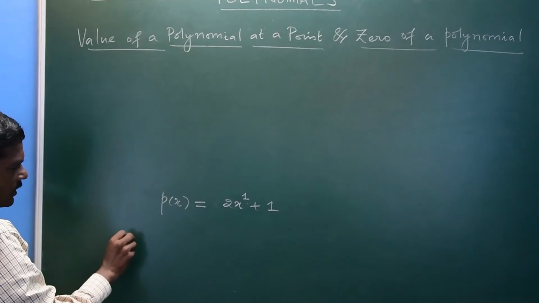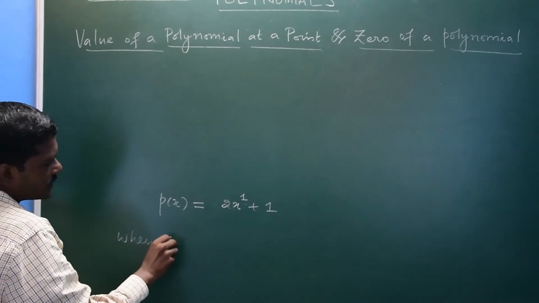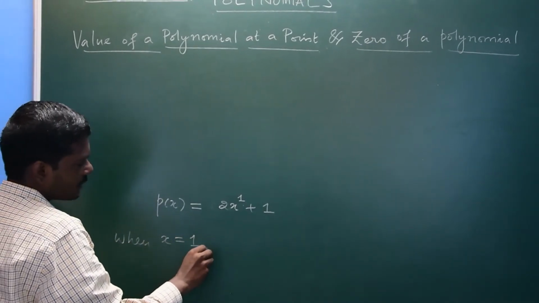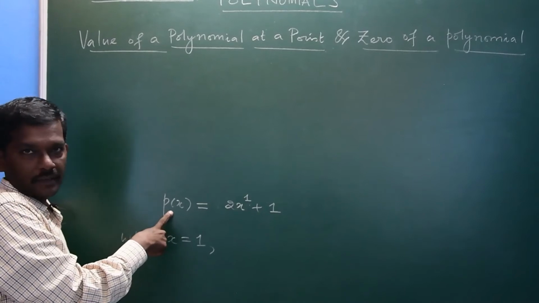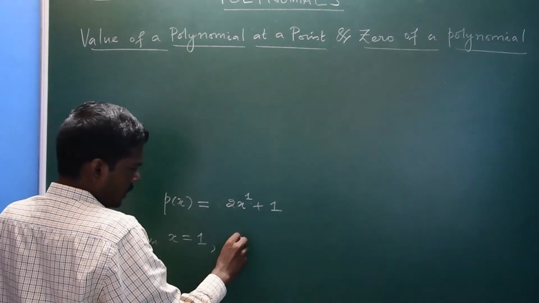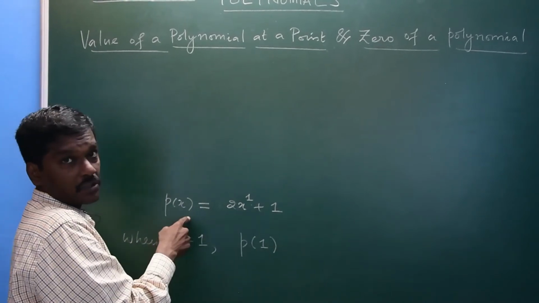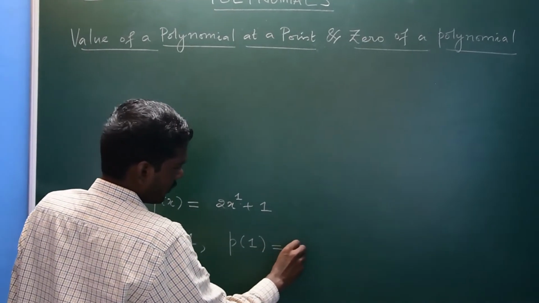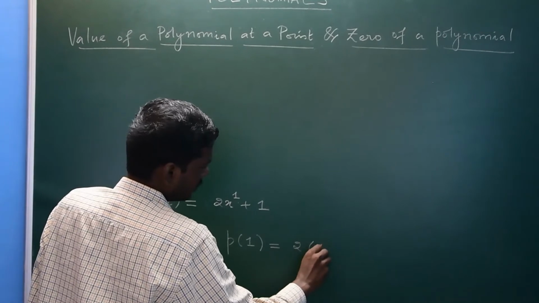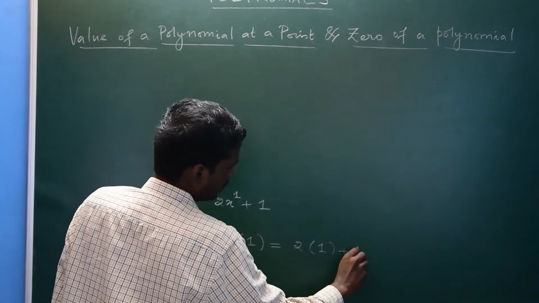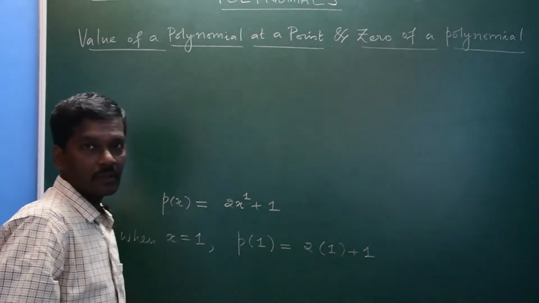Now, what happens when x is equal to 1? If we substitute x is equal to 1 here, what will happen? I am going to replace the x by 1 in this polynomial expression. So what I am going to get is 2 times 1 plus 1.